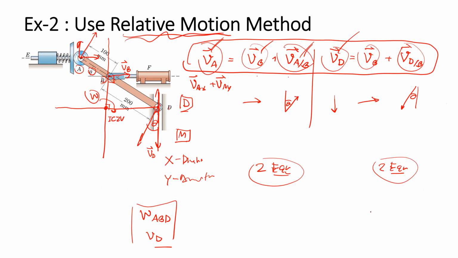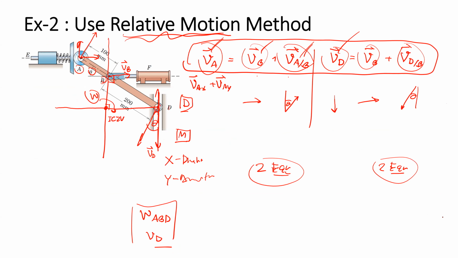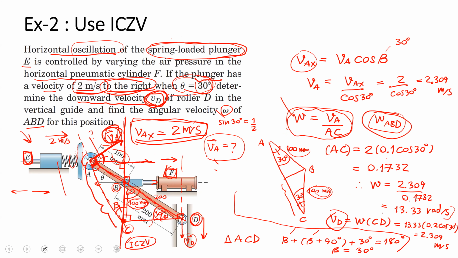We should be able to confirm the answer by using the ICZV method. Omega is correct, and check the numerical value for VD.